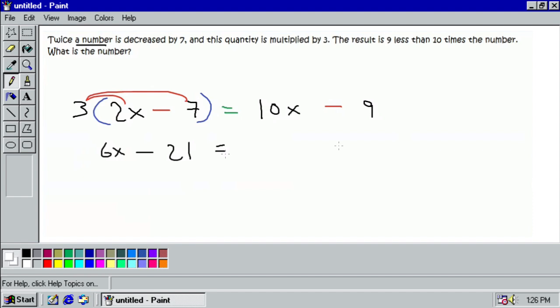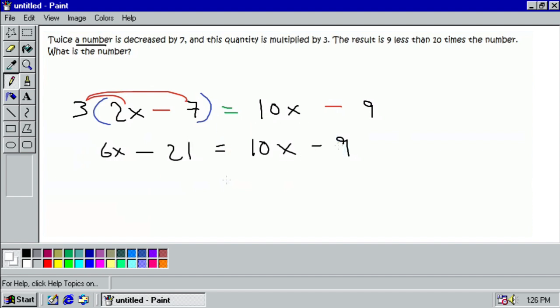Then we have 10x minus 9. So let's just keep it as it is. Let's put the x terms on this side and the constants on the other side.